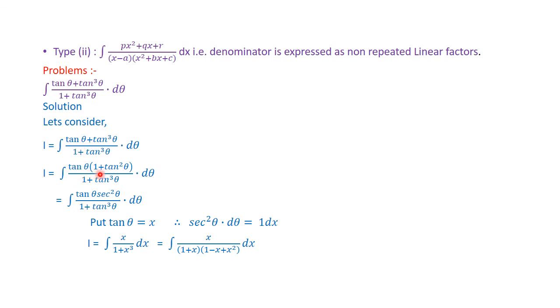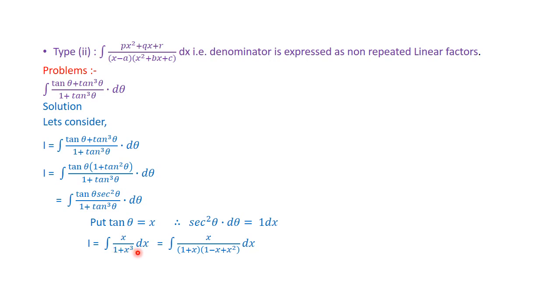Taking tan theta common, 1 plus tan square theta by 1 plus tan cube theta, and 1 plus tan square theta is equal to sec square theta. Now put tan theta equal to x, therefore its derivative is sec square theta d theta, that is sec square theta d theta is equal to dx, and we get x upon 1 plus x cube.